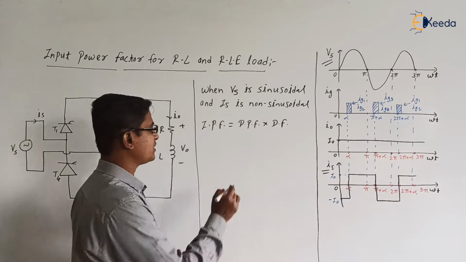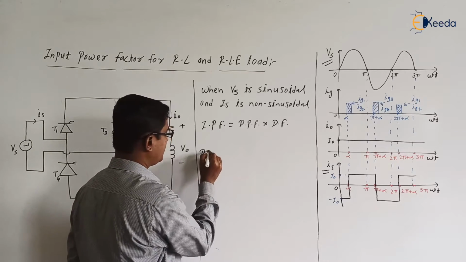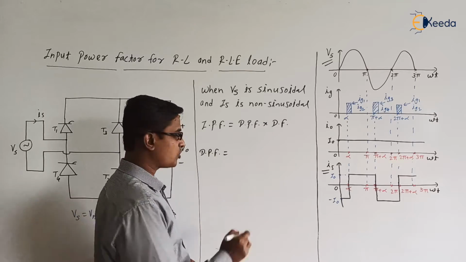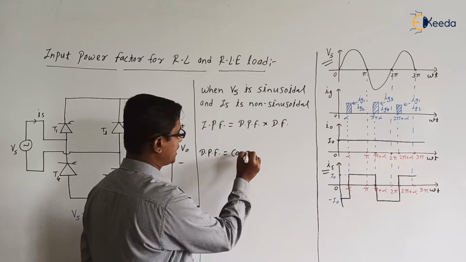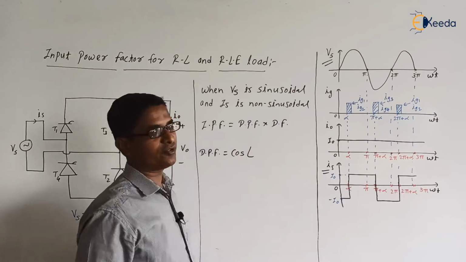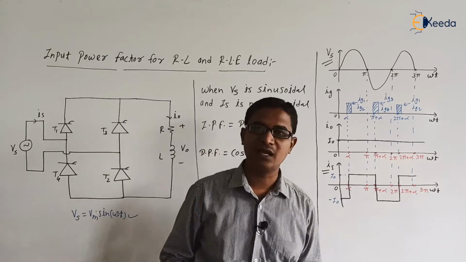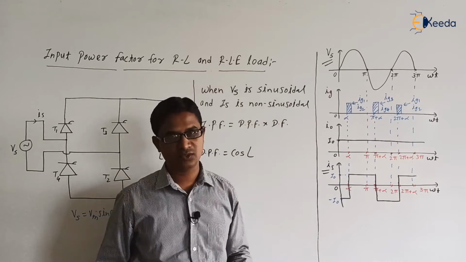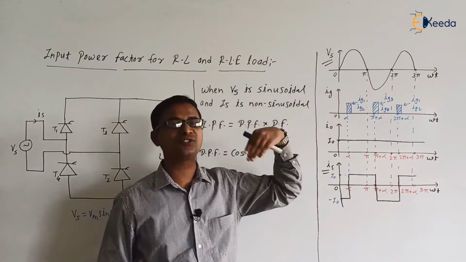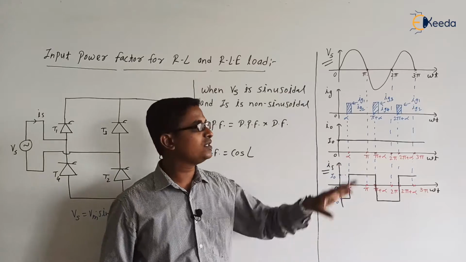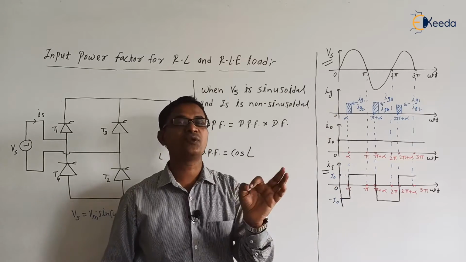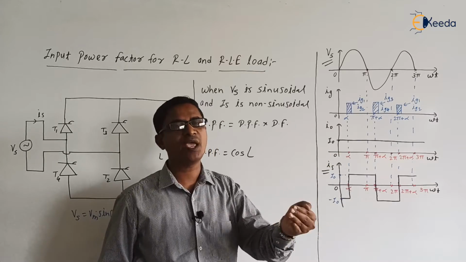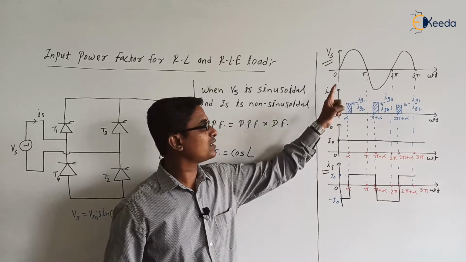Now let us discuss what the displacement power factor is. Displacement power factor is the cosine of the angle between the fundamental source voltage and the fundamental source current. But if you check, Vs is purely sinusoidal, so the harmonics will be absent, because in a pure sinusoidal waveform the harmonics are always absent.